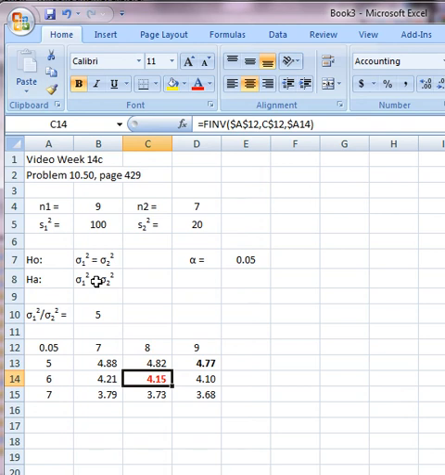Let's see, the alternative hypothesis would be sigma 1 greater than sigma 2. Make sure I'm saying that right, I've got to think a minute. You always have to think about these things, don't you? Yes, we can say that sigma 1 is greater than sigma 2 because we now have a larger value of alpha.